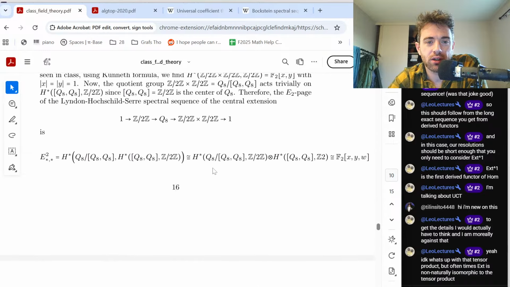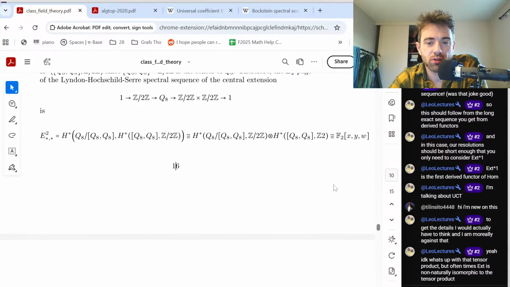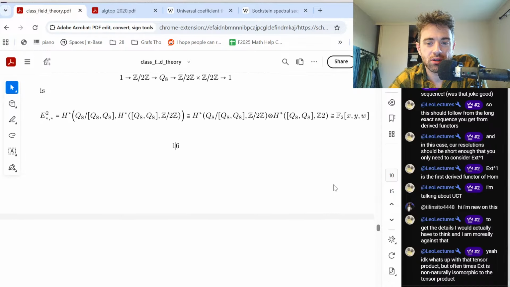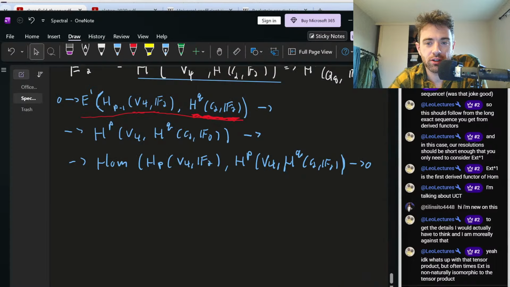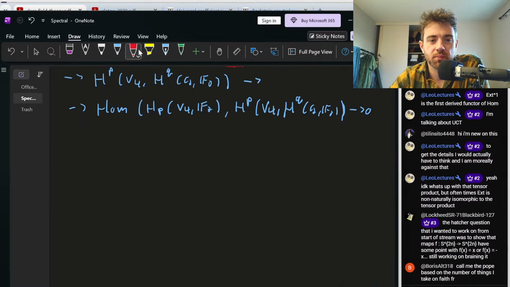So we know that our E2 page is this. I guess we don't know what the differentials are really doing yet, but whatever. If we know our E2 page is that, then it seems like we're gonna have, I mean, X, Y, Z should all be degree 1 stuff, right?